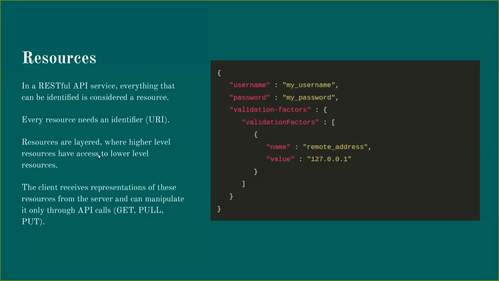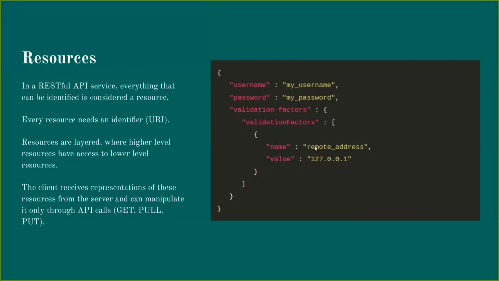And this right here is saying resources are layered. Like I talked about with adding songs to playlists, there's certain resources that can't be accessed unless you have access to a higher level one. This photo is kind of an example of what's going on there. Username and password are both resources. They should each have their own URI.